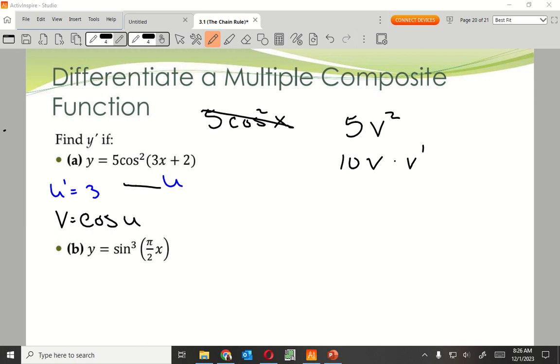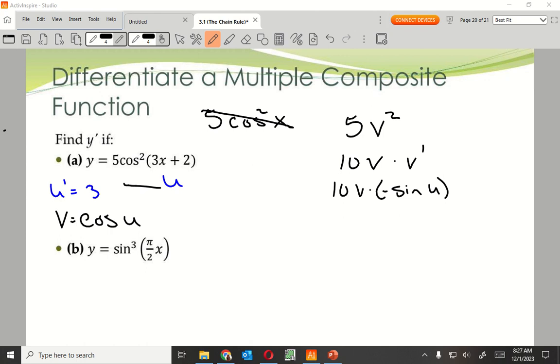So what is v prime? Negative what? Okay, so yes, we get negative sine. So this is going to be 10v times negative sine of u, and times the next one.